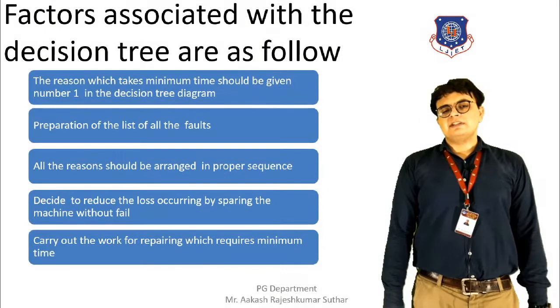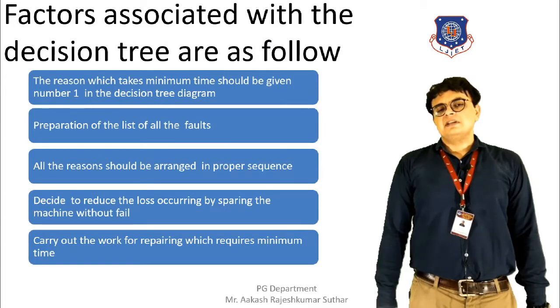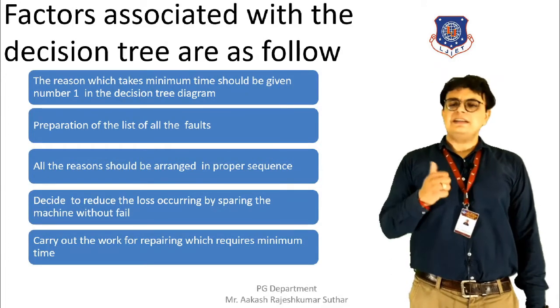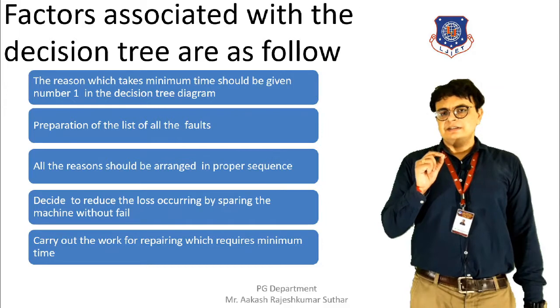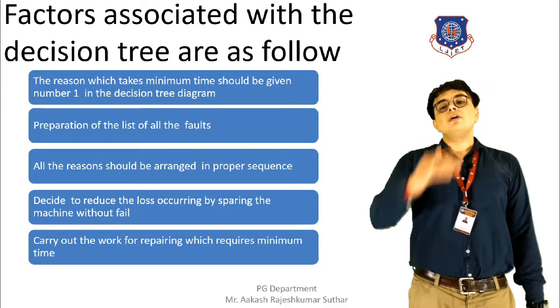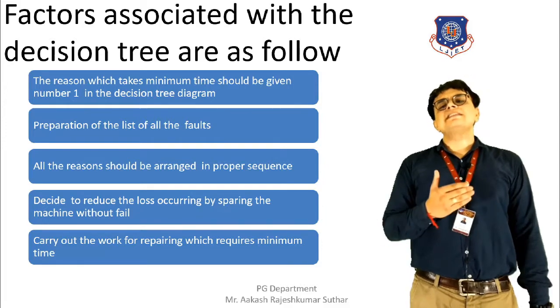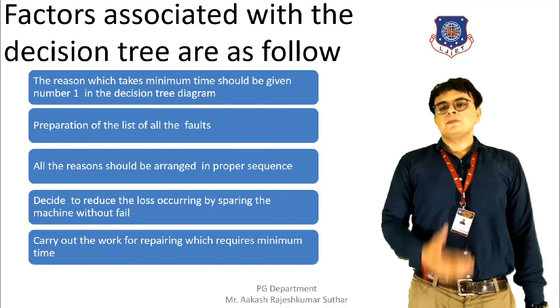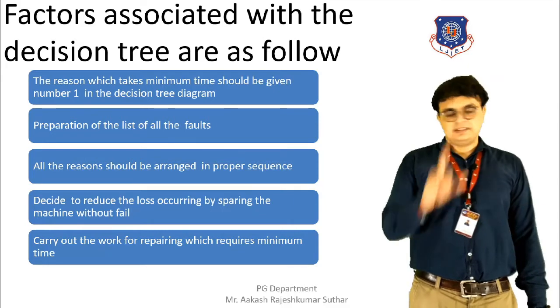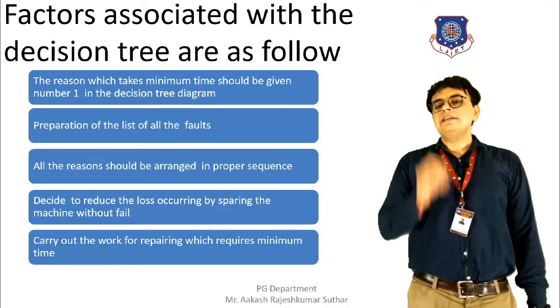Moving towards the further discussion, the factors that are associated with the decision tree are as follows. Basically, the main factor is, first of all, we need to find all the reasons that are causing the faults. All the genuine reasons that are causing the faults should be listed first. Now, we have already listed all the faults.